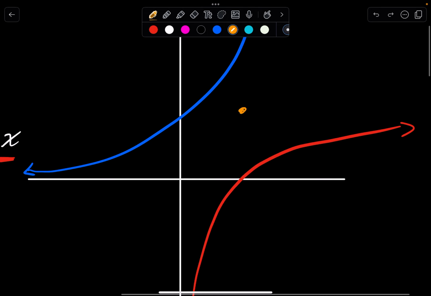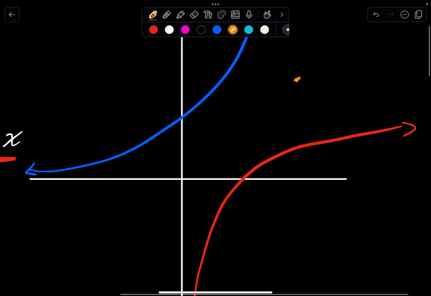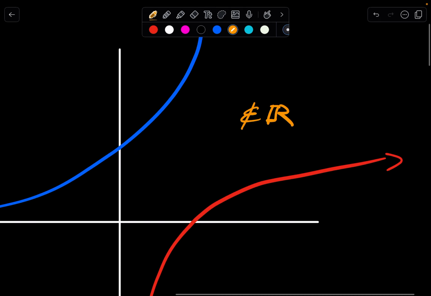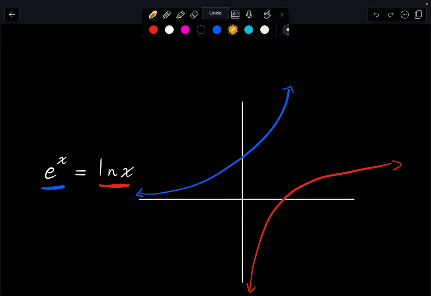So how can we find a point where these two are equal? Maybe here? No, you can't draw anything. There's no point you can draw here. So that means the solution to this equation is not going to be real. We can notate that like this if you're curious. This will not exist in the set of real numbers. But yeah, let's get right into the solution.